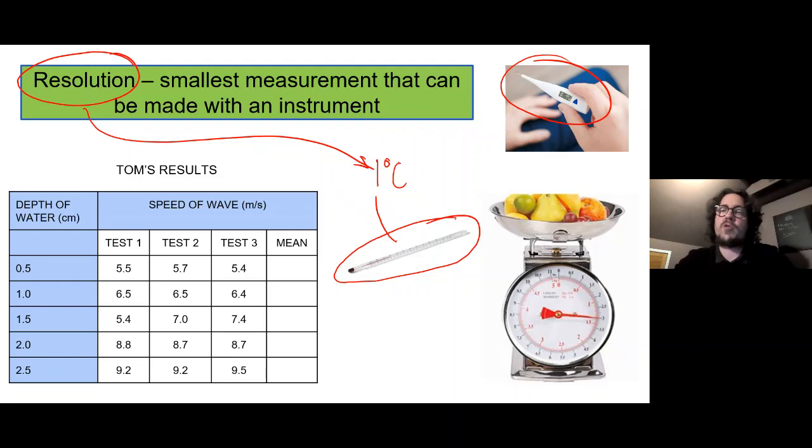That thermometer could read 36.2, but equally it could have read 36.3, 36.4, and so on. So the smallest measurement we can make there is 0.1 degrees Celsius. So they both measure temperature, but they have different resolutions.